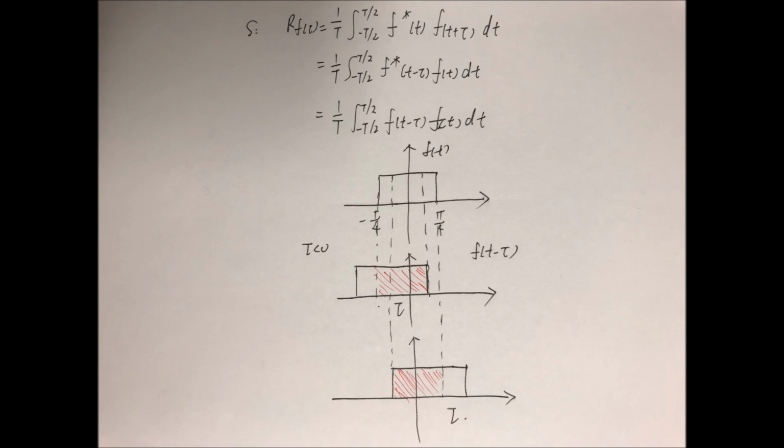Here we have f(t minus tau), which is exactly the shift that we showed in the example. How do I get this? I just do the variable change, and I take the conjugate off because this is a real signal. This is f(t), and this is f(t minus tau).